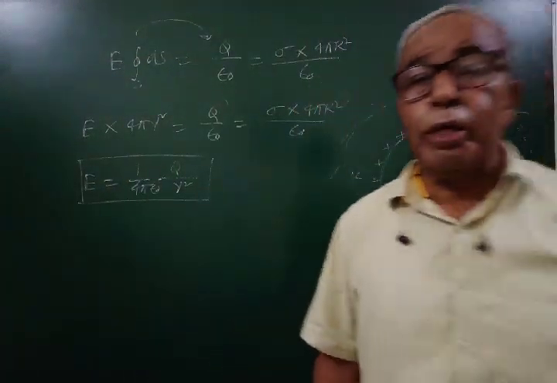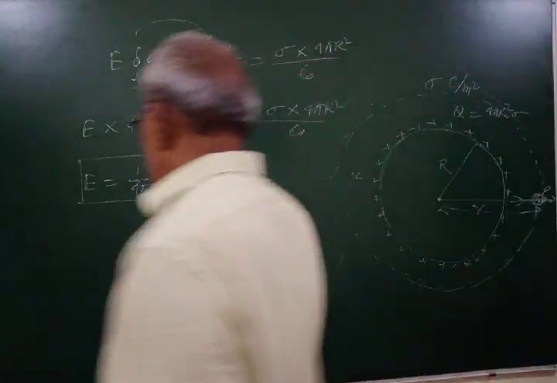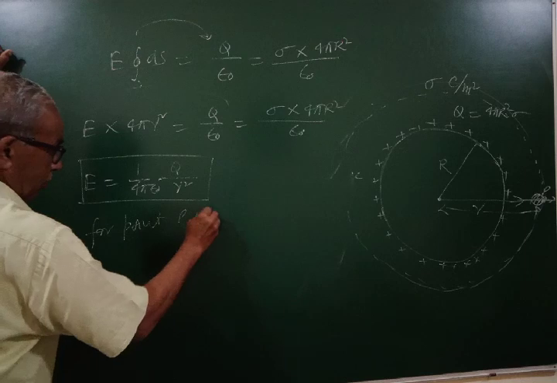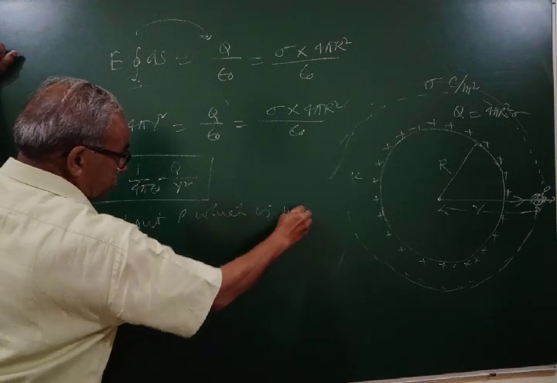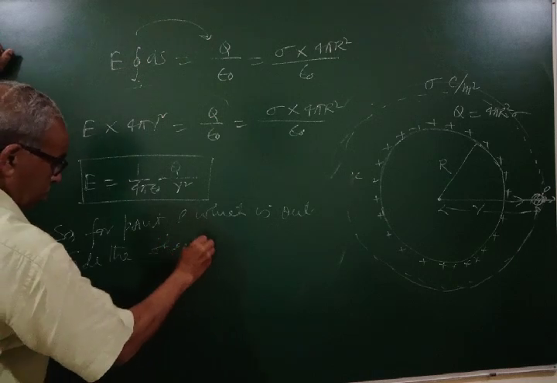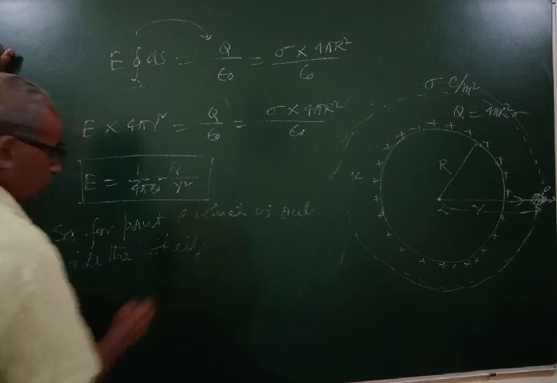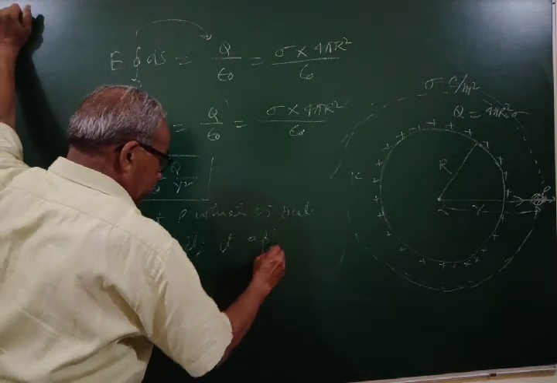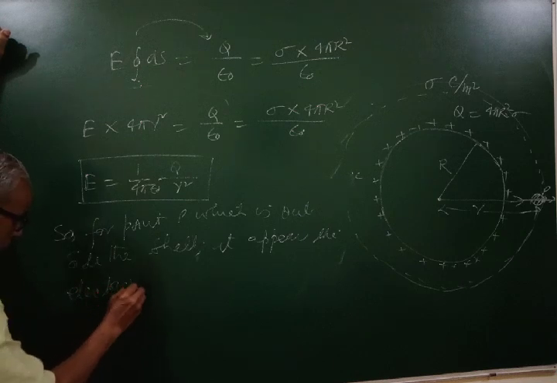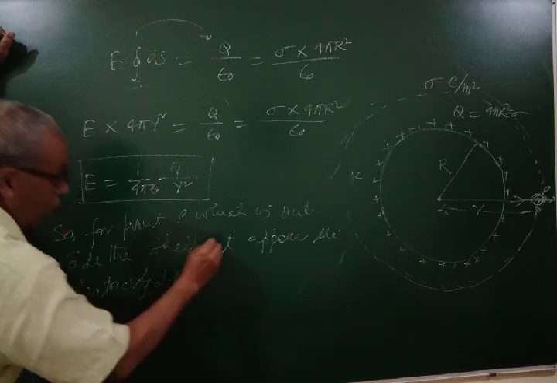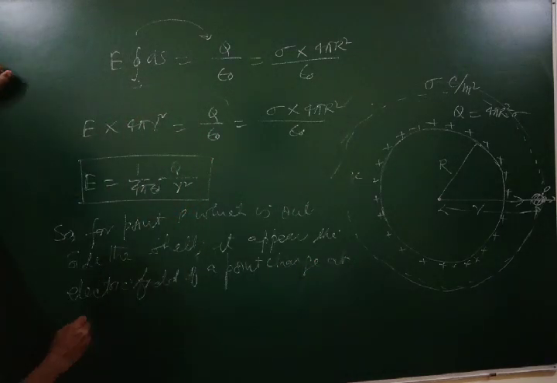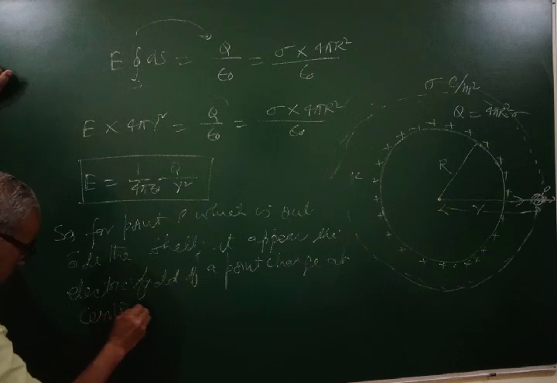That is the field due to a point charge at a distance R. Therefore, for point P, which is outside the shell, it appears to be the electric field of a point charge at the center of the shell.